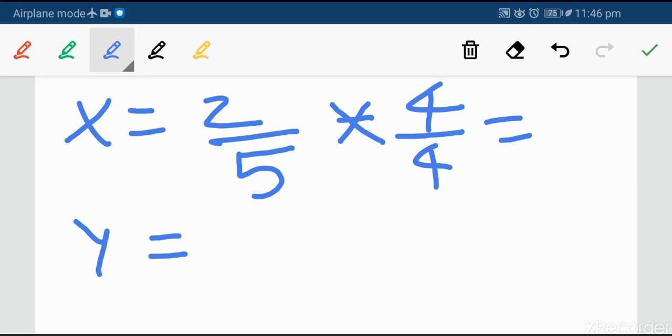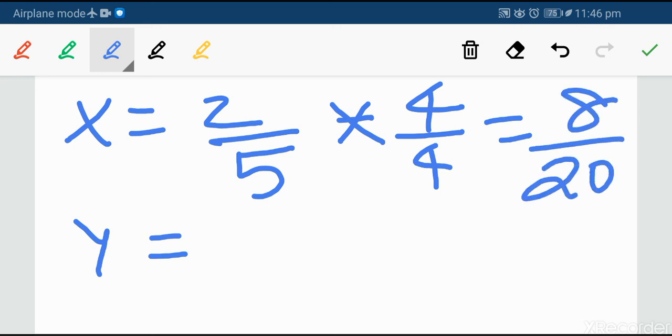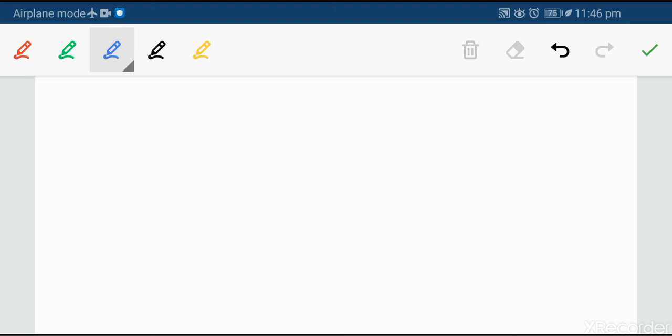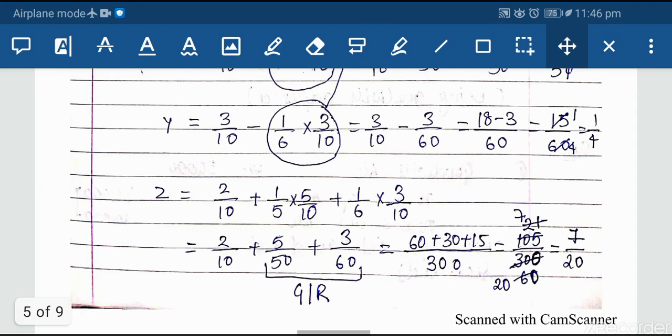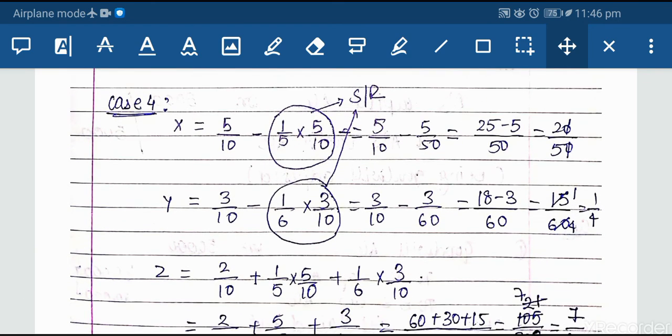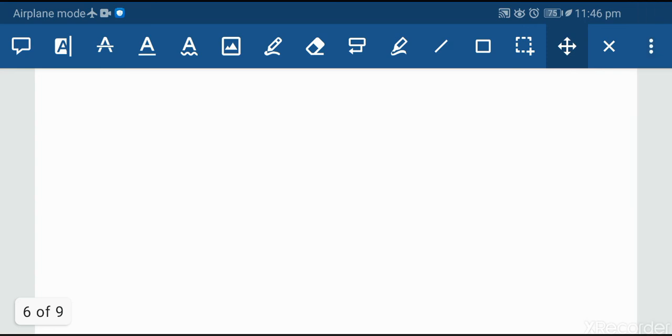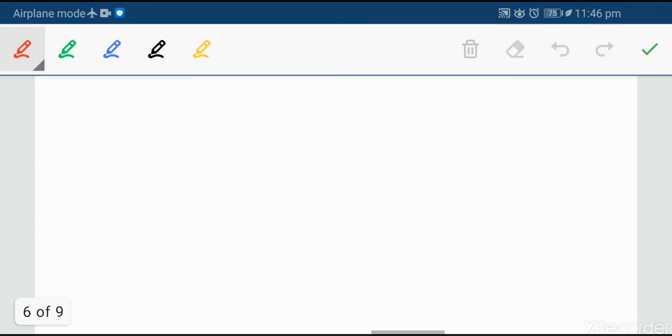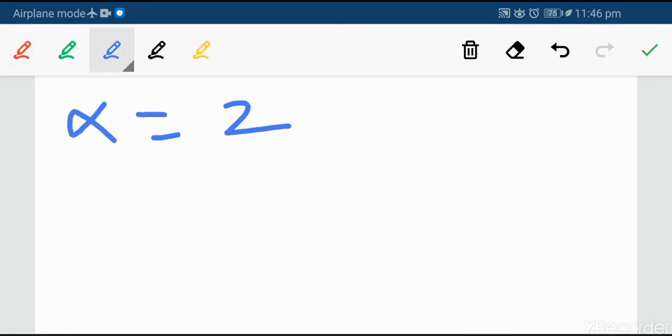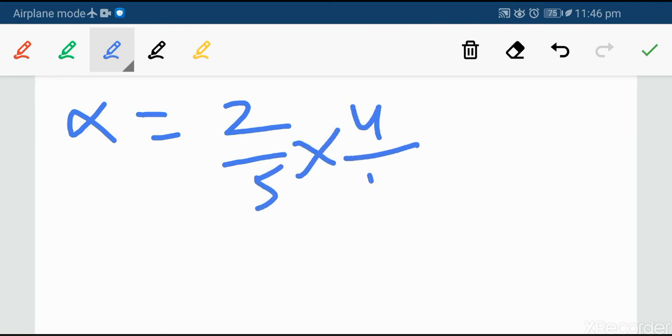So we multiply the numerator and denominator with the same value so that it does not affect the ratio, and we get 8/20. For Y it is 1/4, and for Z it is 7/20. For X we calculated 2/5, multiplied numerator and denominator by the same value, so 8/20 we can easily say.